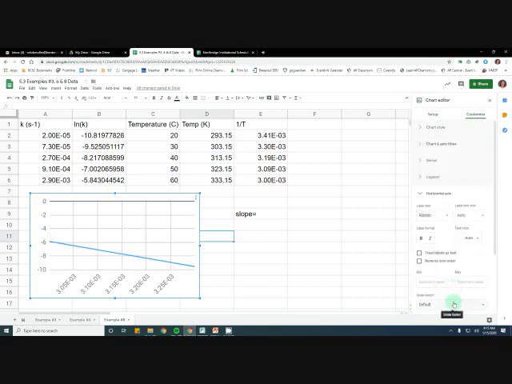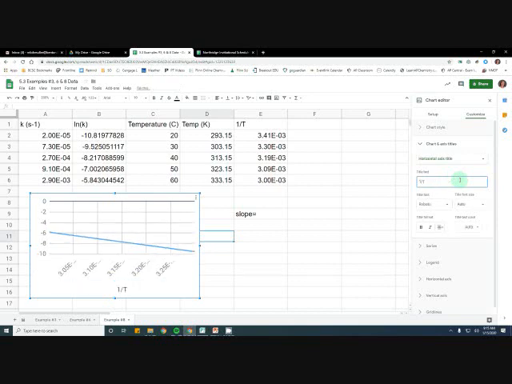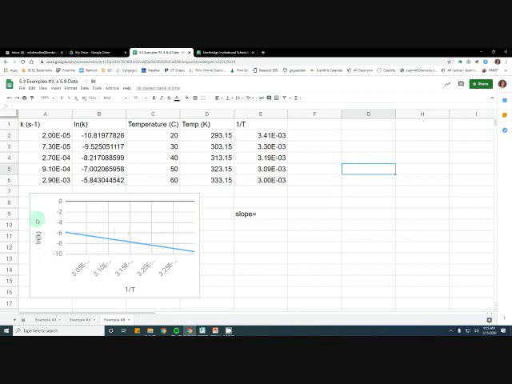The horizontal axis is the inverse of temperature, and the vertical axis is the natural log of K. Knowing that, we need to take the change in ln K over the change in temperature. I'm just going to have it do it right here for me.